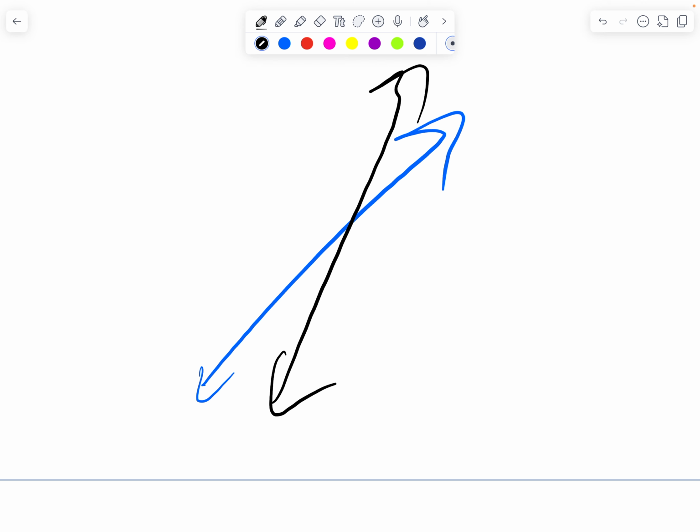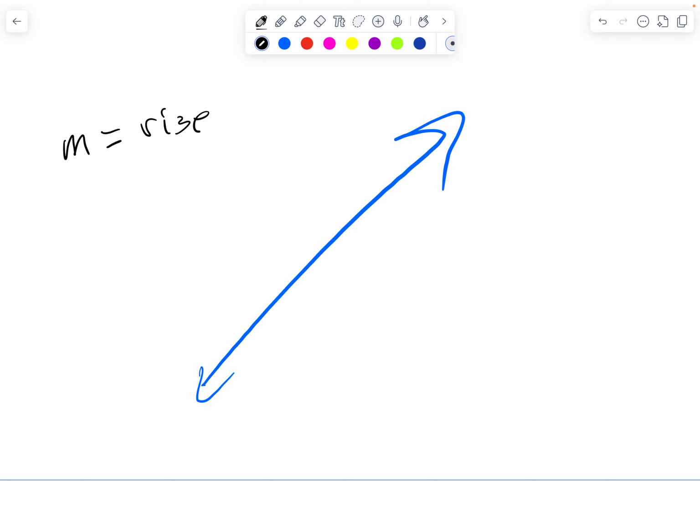So this idea of slope is something we can measure. And the way we measured it, remember that? We used the letter M and we said rise over run. This is an actual unit of measure. Pick any 2 points. It doesn't matter which two. To get from one point to the other, I can go up, and then to the right. So rise over run is a ratio of a length to a length.